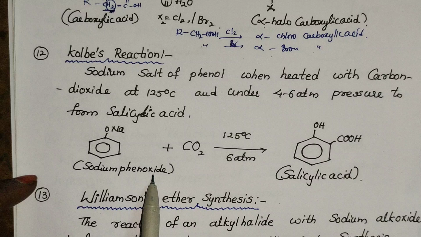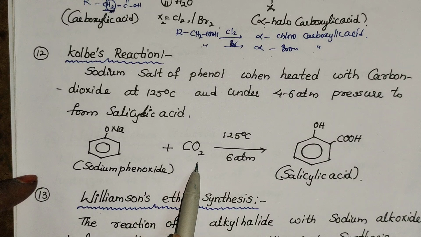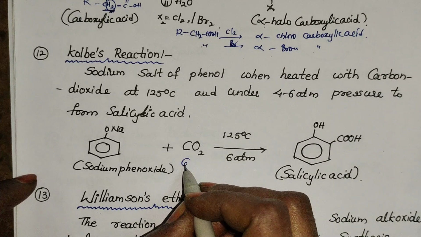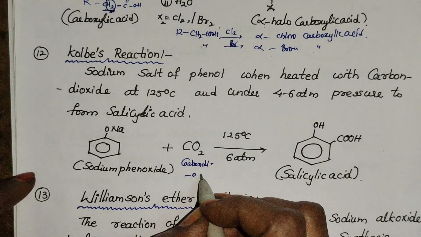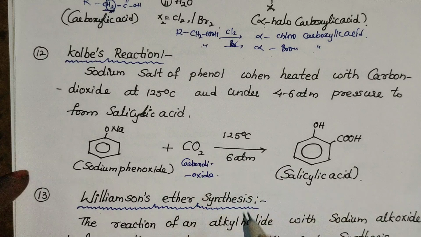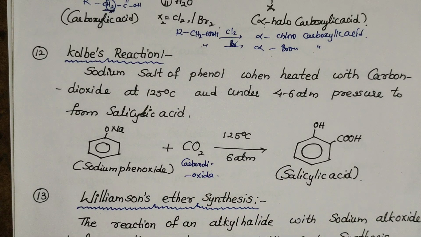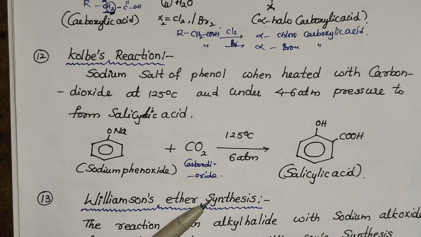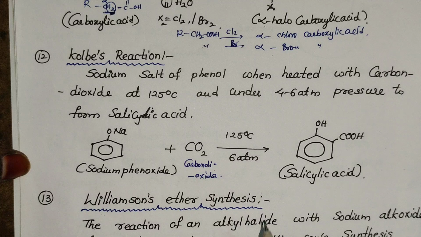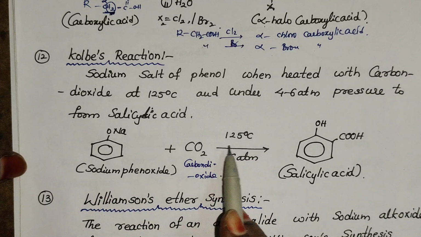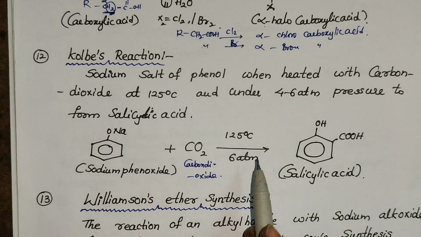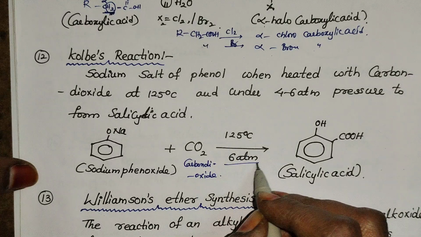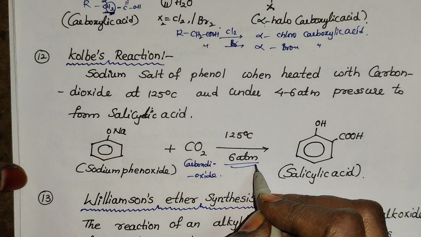Sodium phenoxide is treated with CO2, carbon dioxide, and we heat this compound at 125 degrees Celsius, and the pressure required is 6 atmosphere.